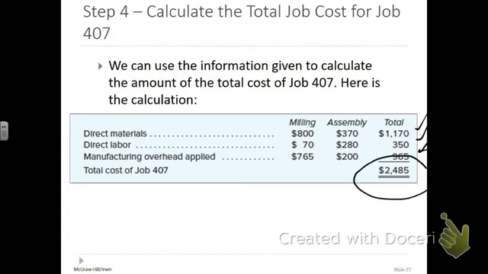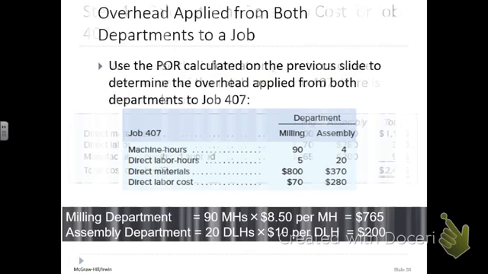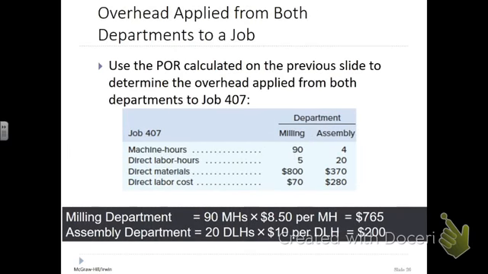Now, just a quick note here: in this particular case, they only took the 90 times the 850 and the 20 times 10. There may be some situations, which we're going to see later on, where we may multiply those out, especially in activity-based costing.